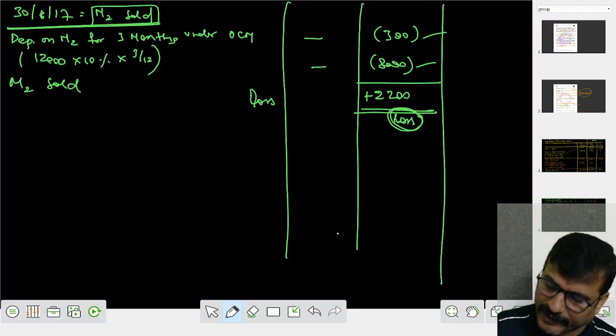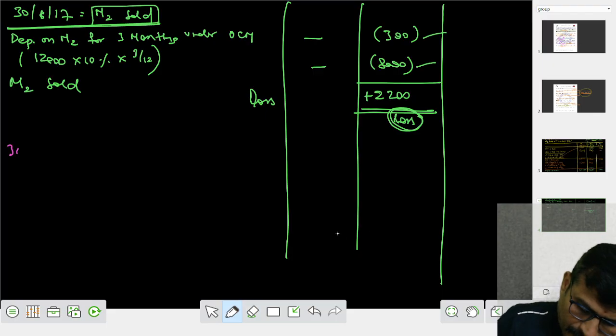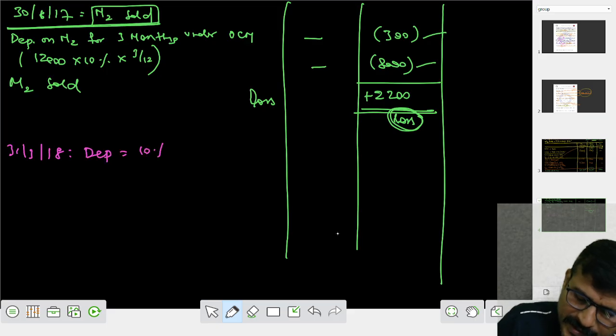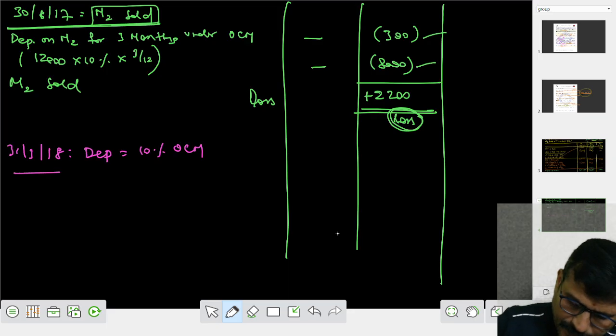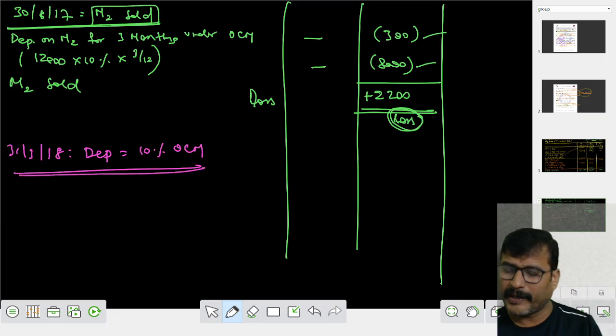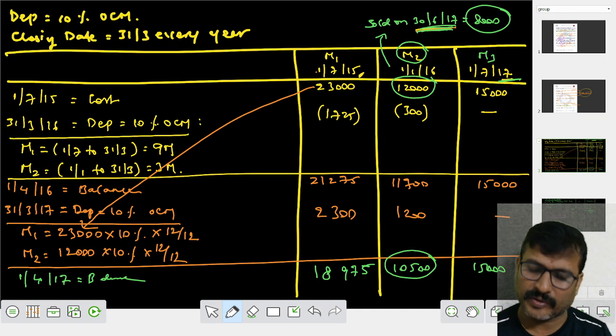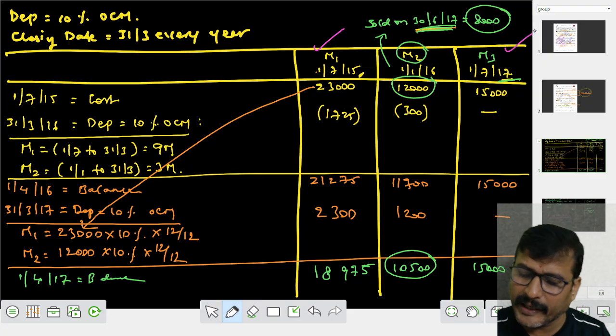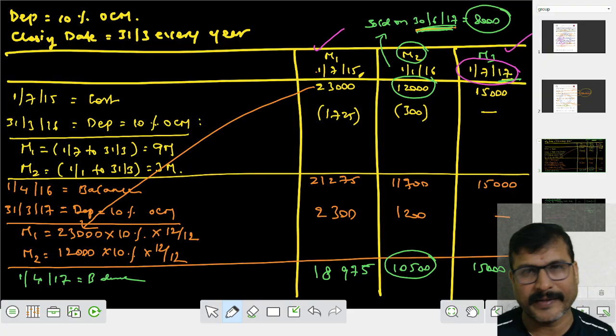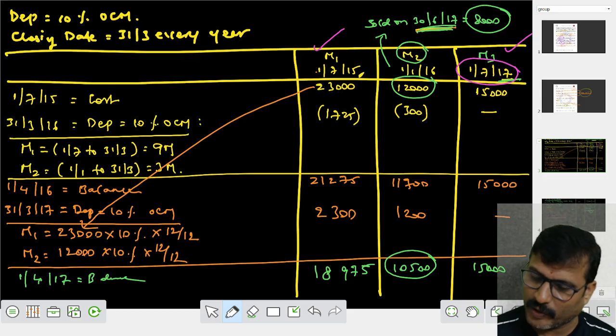What is the last date? That is 31st March 2018. Depreciation 10% OCM. My dear children, how many machines are left? This is available with you. This is also available with you. And you purchased recently in July 17.